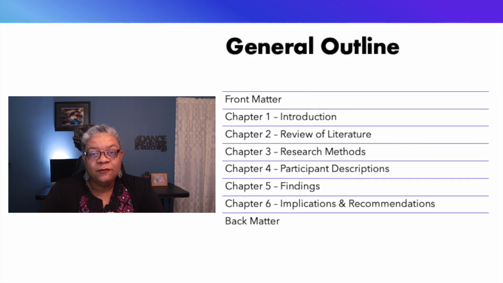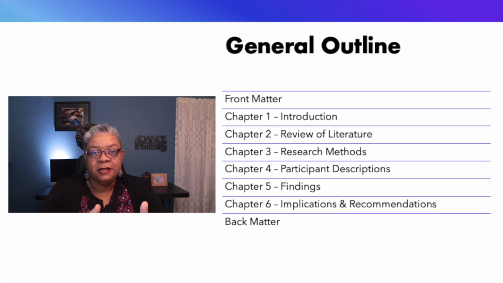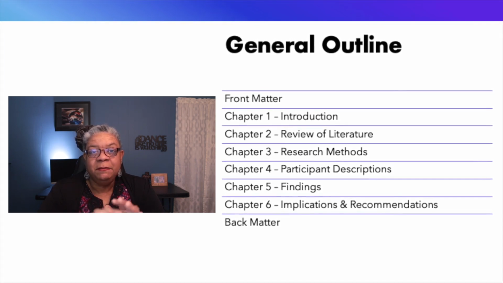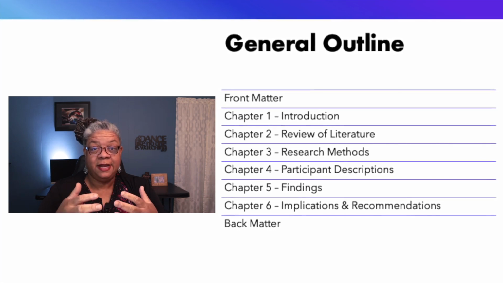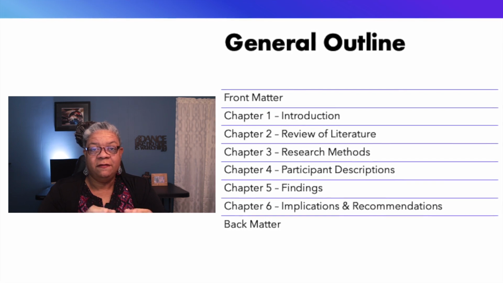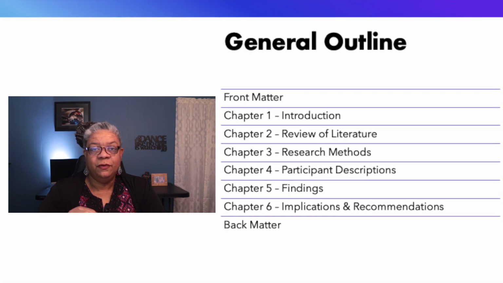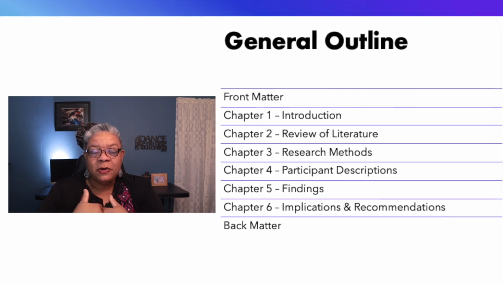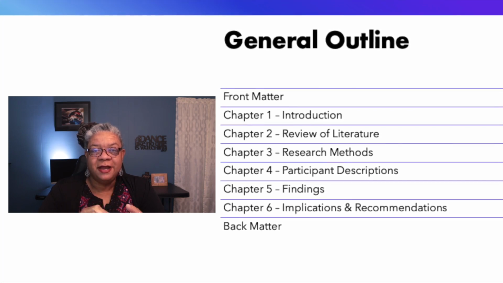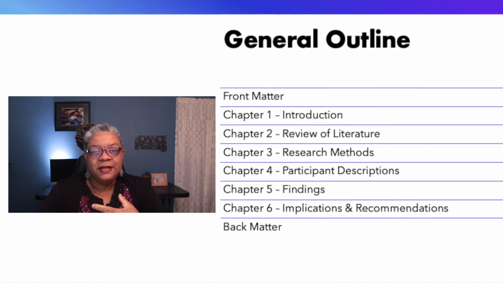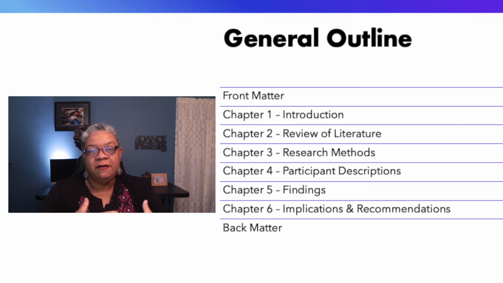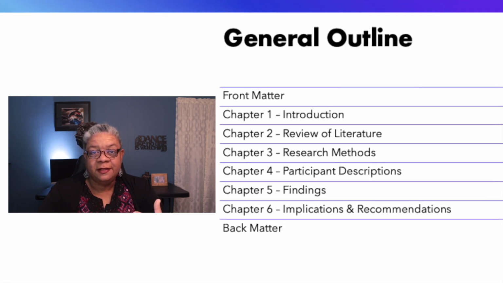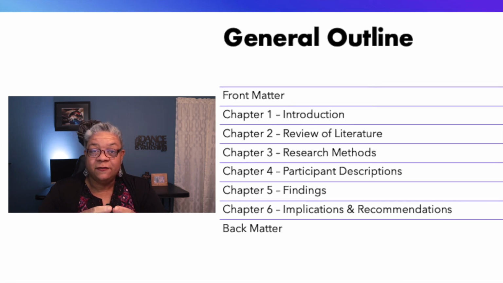So I have my students work on a chapter that's just about the participant information, but if you and your chair decide that it's not necessary to have that in a separate chapter, then all of the information I'll cover in chapter 4 will be found in what I'm calling chapter 5, which is the findings chapter. Chapter 6 is implications and recommendations, and then you'll have back matter. That's all that's contained in the dissertation outline that I'll talk with you about in this video.